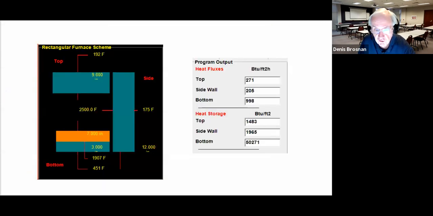With eSolutions, just showing you cut and paste images from the solution, I get 175 on the outside of the wall. I get a heat flux of 205 BTUs per square foot per hour. Heat storage is only 1900 or thereabouts in the wall with the fiber lining.